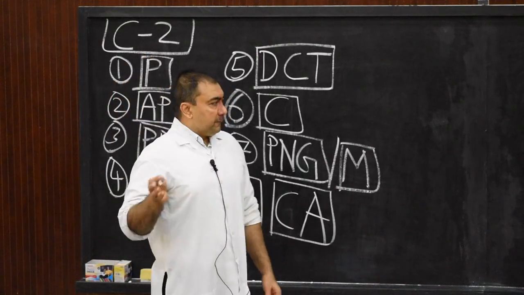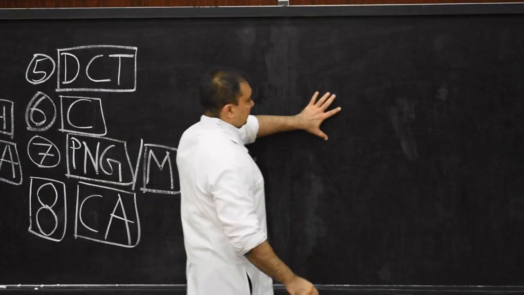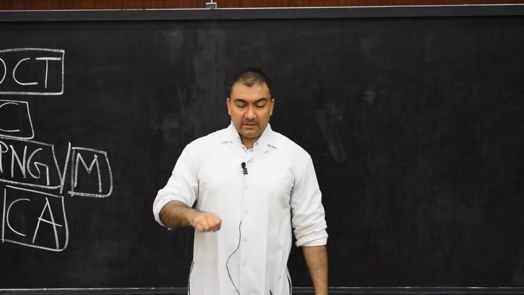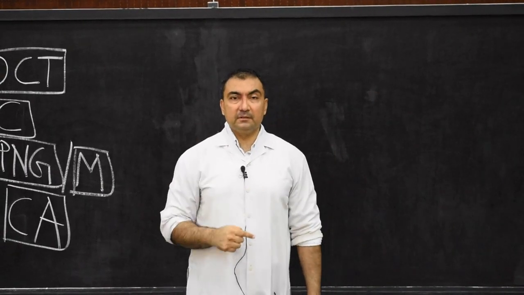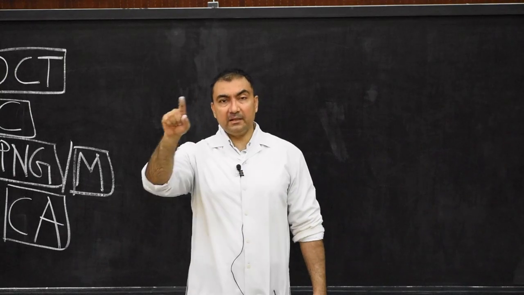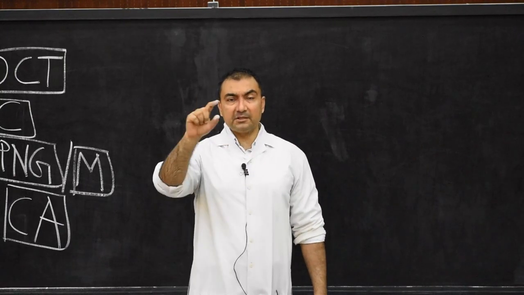Now first point, please come on this side. Yesterday we had seen the development of the C-shaped choroid fissure along with choroid plexus, along with the lateral ventricle. All these structures were C-shaped.